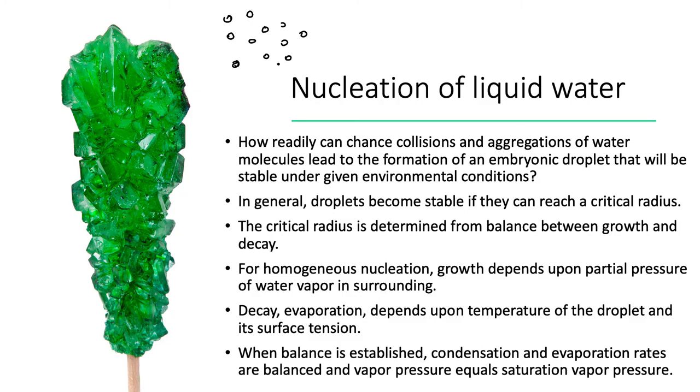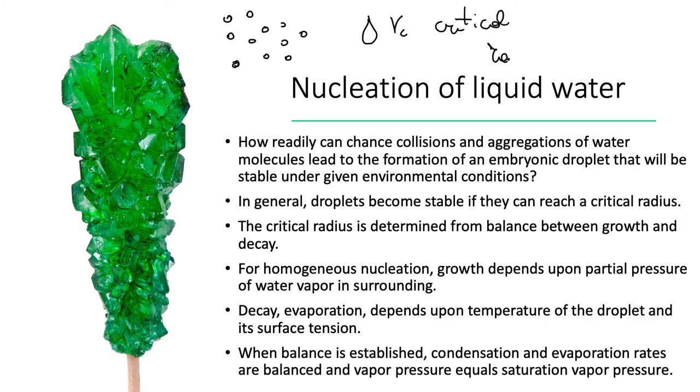And this is where homogeneous nucleation can happen, and it favors the expansion of the liquid droplet, and the radius where this happens is called RC, the critical radius.